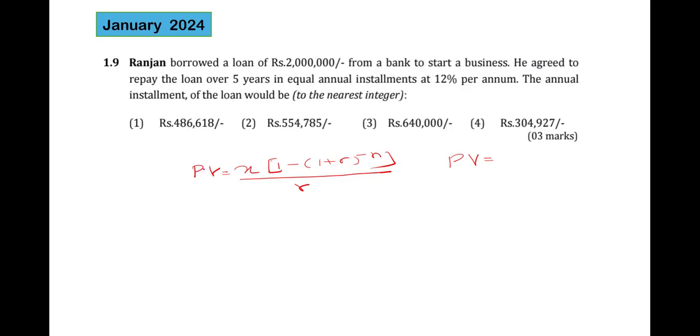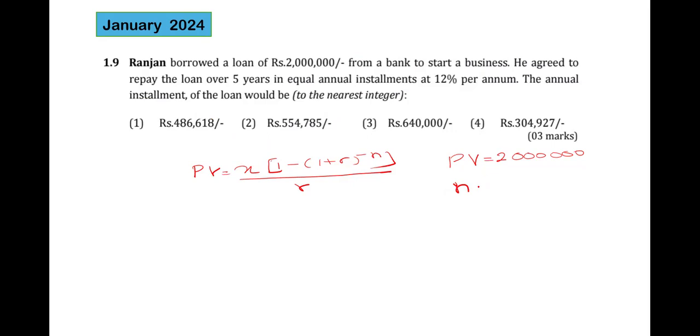Normally in an annuity, PV means present value. But when this annuity formula is applied to a loan, PV is the loan amount. The loan amount is 2 million, so PV equals 2 million. X means the annual installment. Here we want to find X, the annual installment.